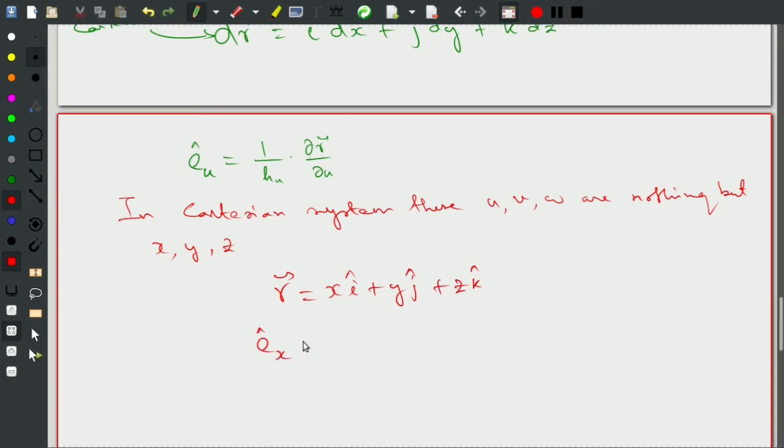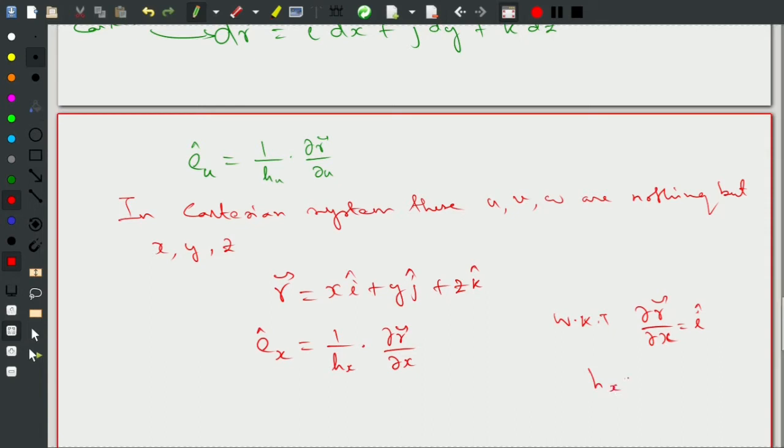So e_u equal to e_x equals 1 by h_x into dou r vector by dou x, right? We already know dou r vector by dou x equals i cap, and our h_x equals the modulus of dou r vector by dou x, so it equals 1.